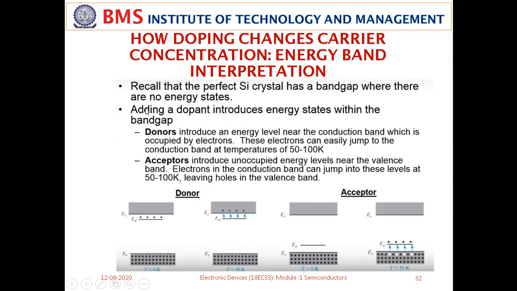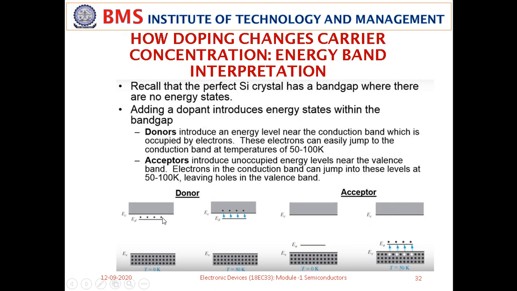We have discussed so far the silicon crystal, which has a band gap, and there are no energy states in between, so you are creating some energy states. For example, you can see here at the bottom, by adding the pentavalent impurity, we create donor energy levels in the vicinity of the conduction band.